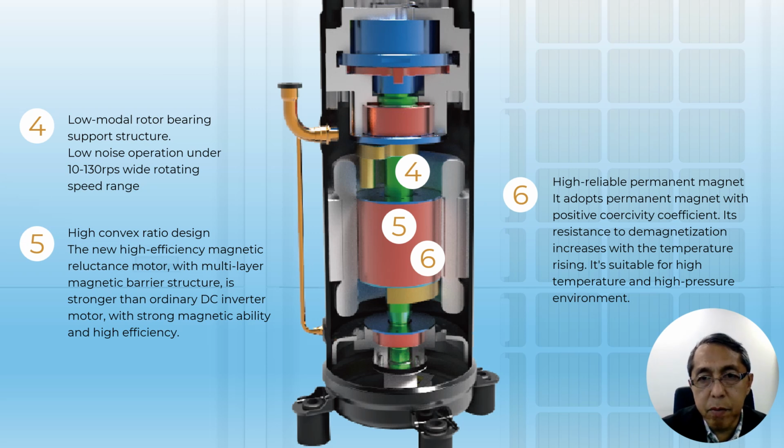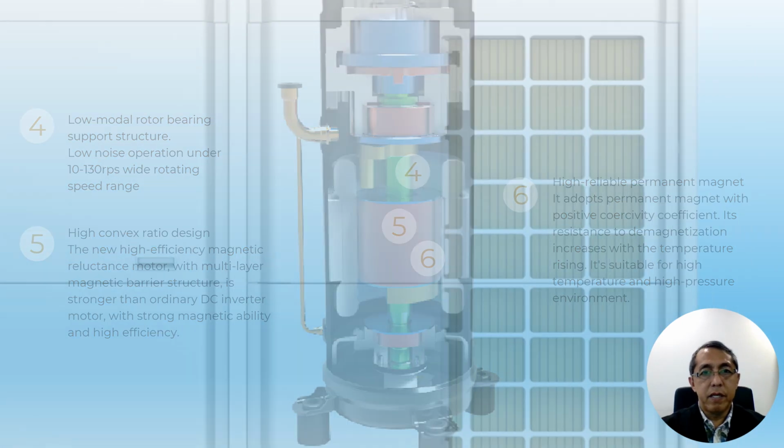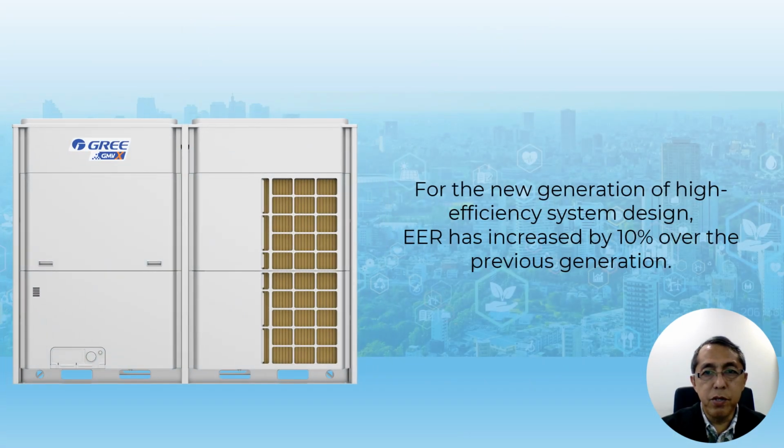Its resistance to demagnetization increases with the temperature rise. It's suitable for high temperature and high pressure environment. So for the new generation of high efficiency system design, EER has increased by 10% over the previous generation.